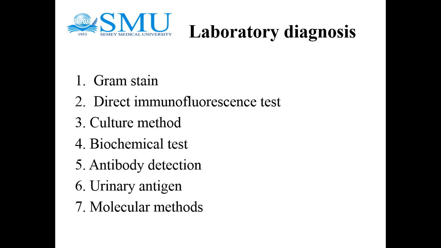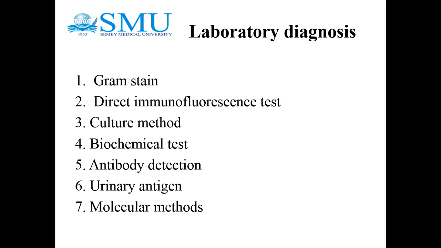For laboratory diagnosis, we use Gram stain, direct immunofluorescent test, culture method, biochemical tests, antibody detection, urinary antigen, and molecular methods. Gram stain reveals numerous neutrophils but no organisms, as Legionella are poorly stained, often missed, or sometimes appear as faint pleomorphic gram-negative rods or coccobacilli.